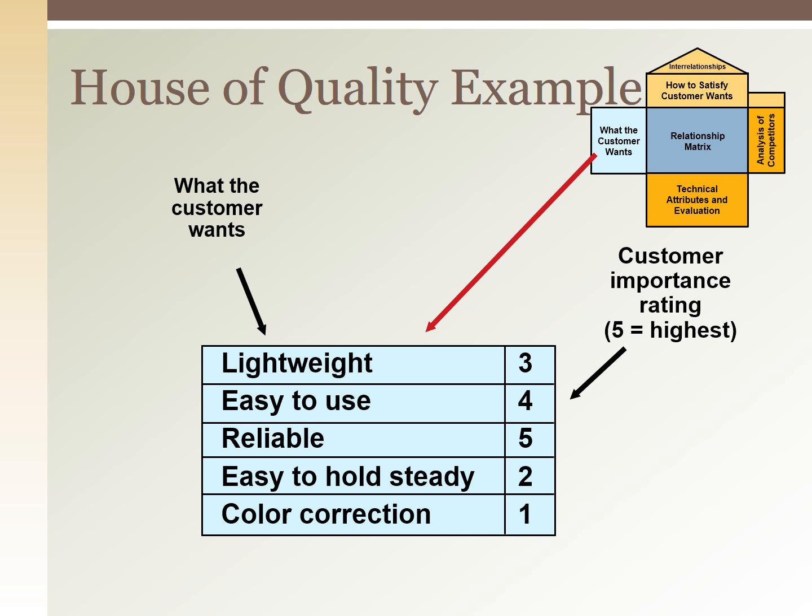What the customer wants is a lightweight camera. Want it to be easy to use, reliable, easy to hold steady, and possible color correction. And then you rate it on a scale of 1 to 5 of the importance. 5 is the highest. So the first thing is they want it to be reliable, easy to use, lightweight, easy to hold steady, and not so worried about color correction.